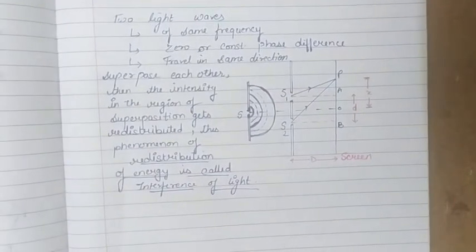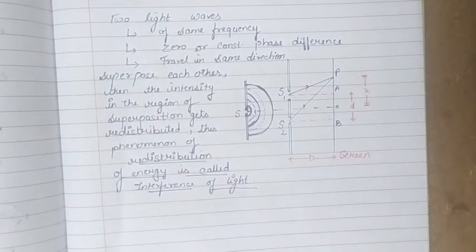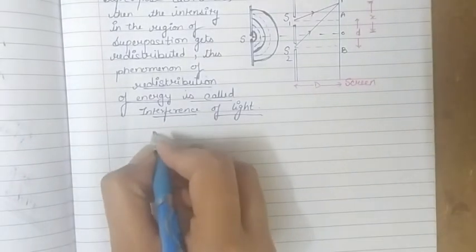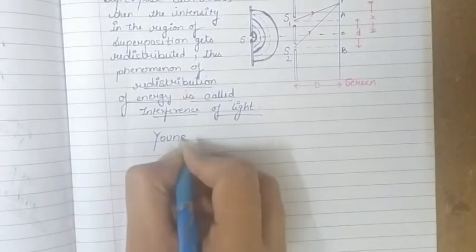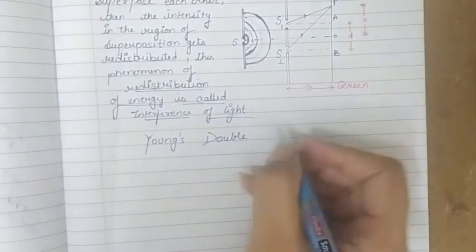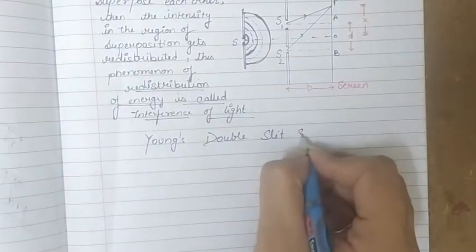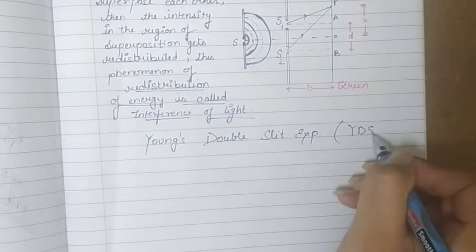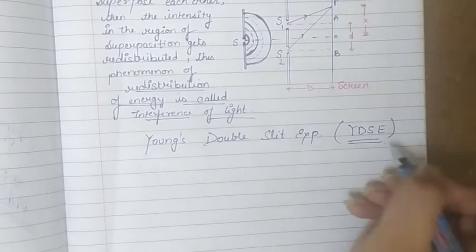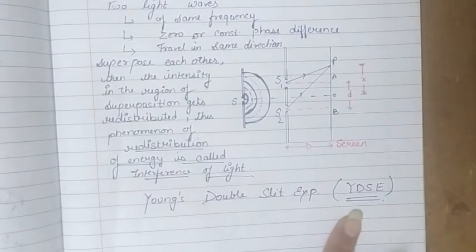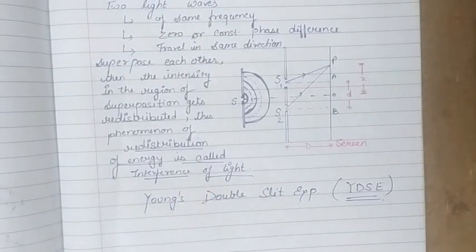Now this phenomenon was first experimentally demonstrated by Thomas Young, and that's why we call the experiment Young's double slit experiment, and in some books you can also see it written as YDSE. This is the experimental demonstration of the phenomenon of interference of light.